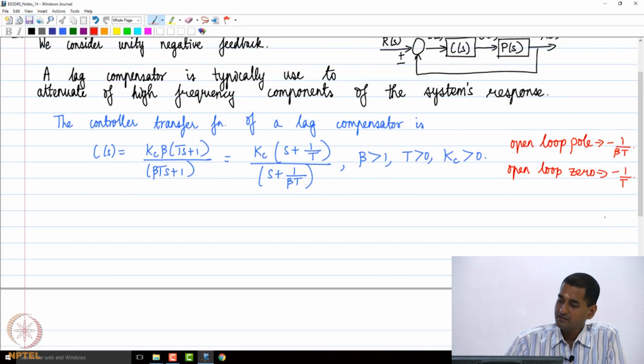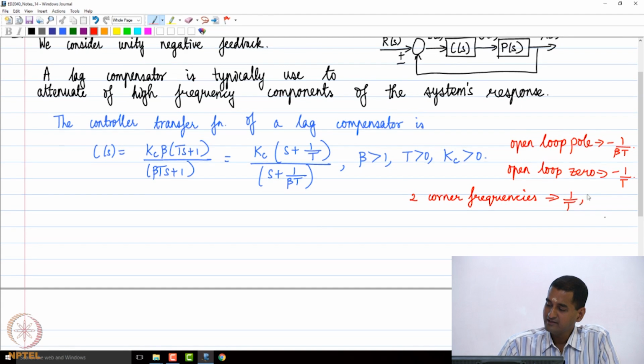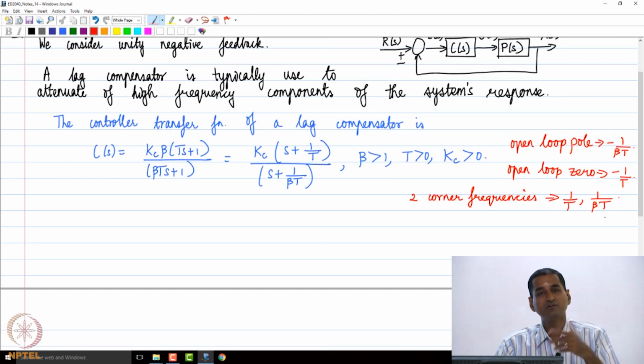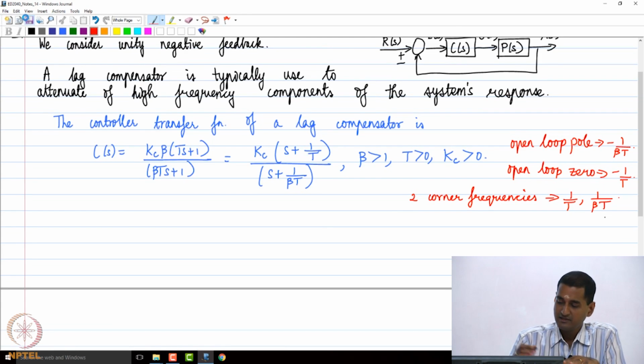And what about the two corner frequencies? Once again they are going to be 1 by T and 1 by beta T. Those are the two corner frequencies corresponding to the numerator term and the denominator term respectively. So, that is what happens with the lag compensator.